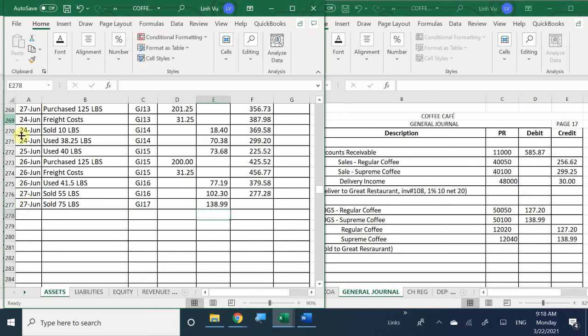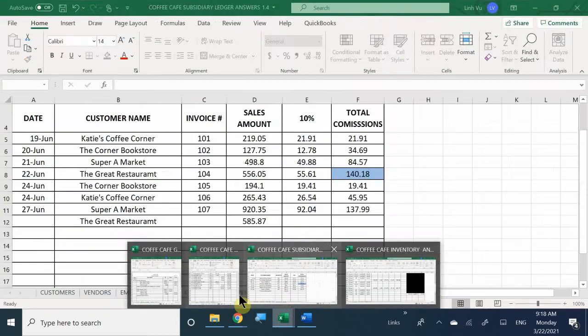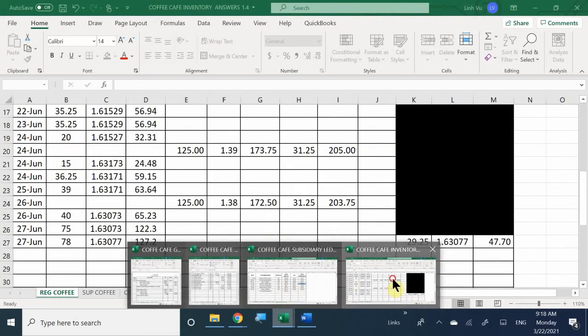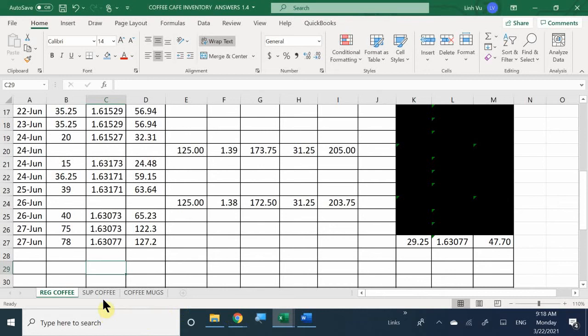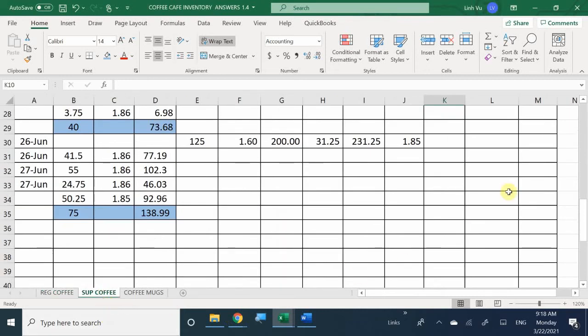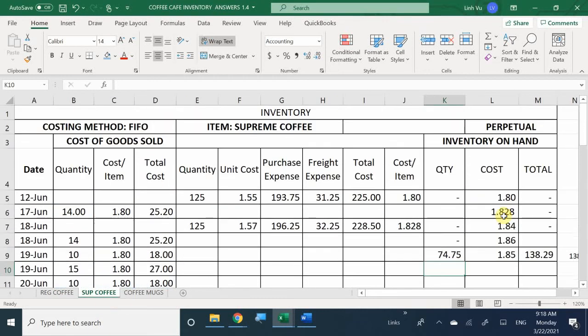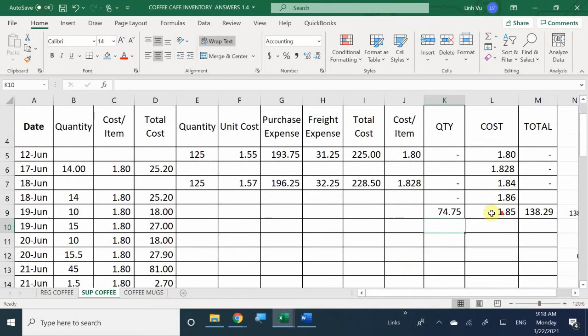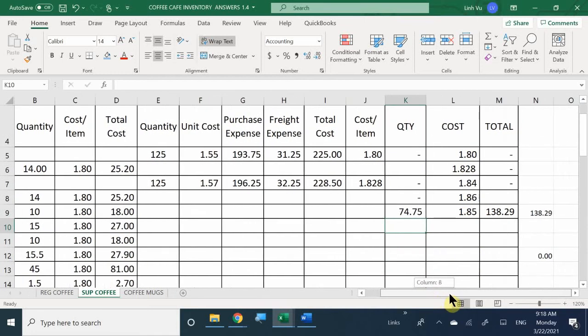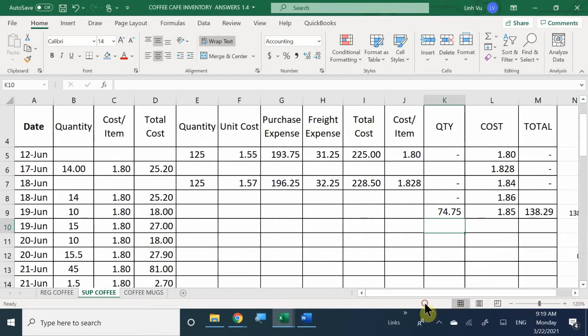So what's my ending balance going to be? 138.99. Is that correct? Yes. Good.